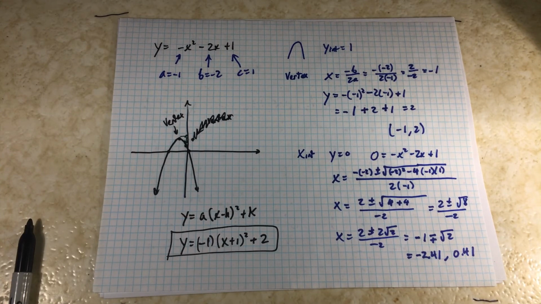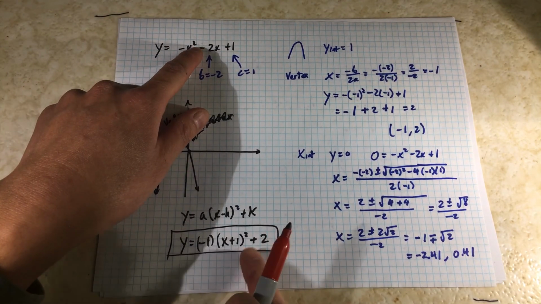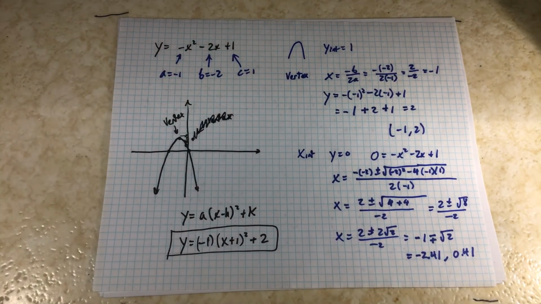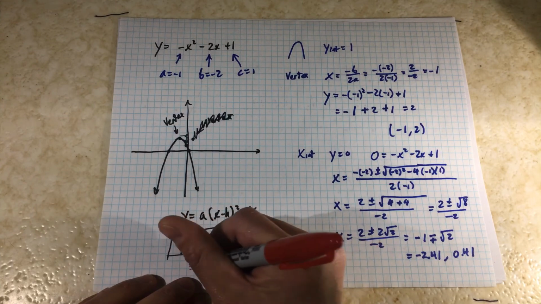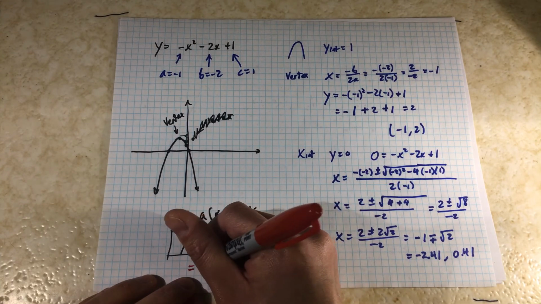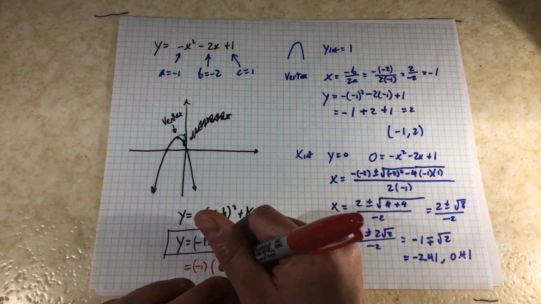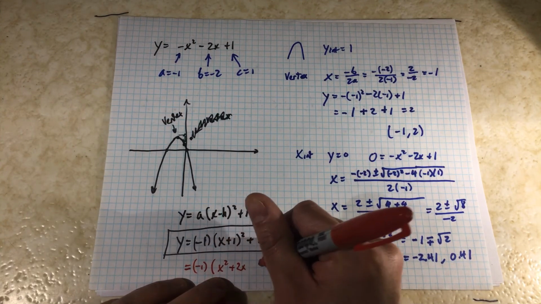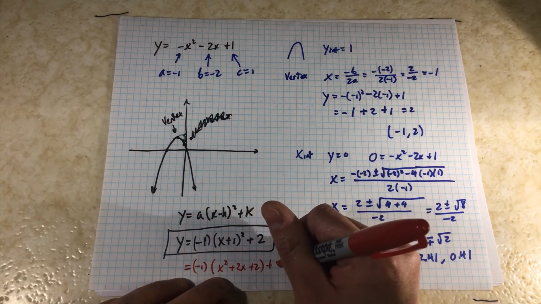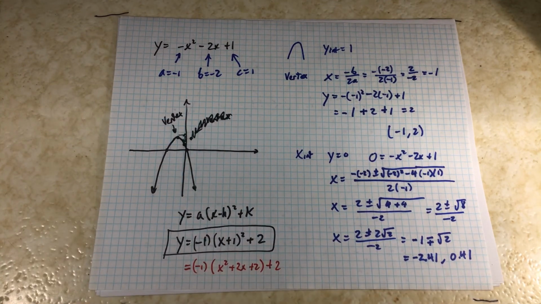You may be curious also, I probably should have shown this on the other one, like, are these two equations actually equal? And you can show that they're equal if you just work them out. So if we do the FOIL thing, we have -1 times the FOIL of this, which is x squared plus 2x plus 2. I've done this enough that that one fits a pattern that I know.